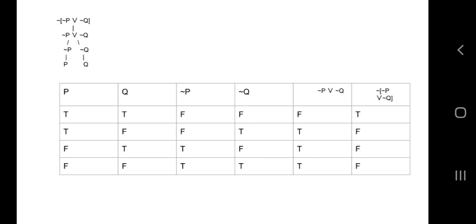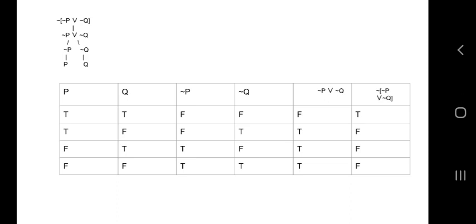So false, true, false, true. It doesn't technically matter whether the not P column or the not Q column comes first. You can switch those two. But I think it makes more sense to do the not P first because, as we read from left to right, it comes first on the page and it's first in the alphabet and so on. But the 4th column definitely needs to be not P or not Q.